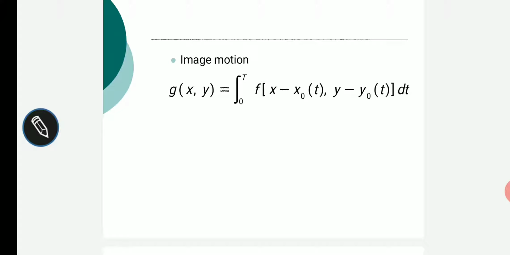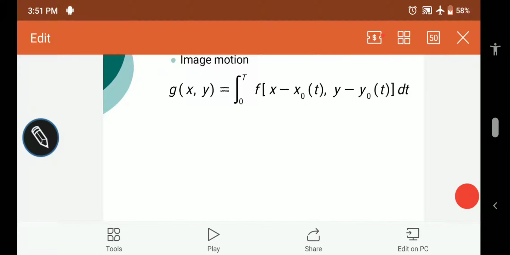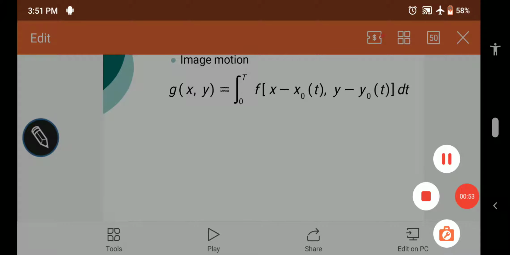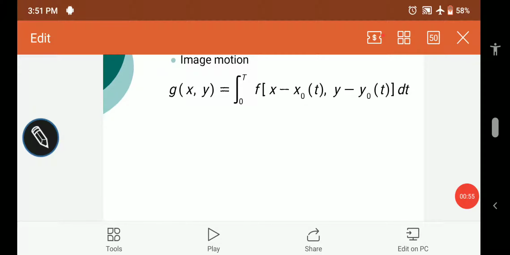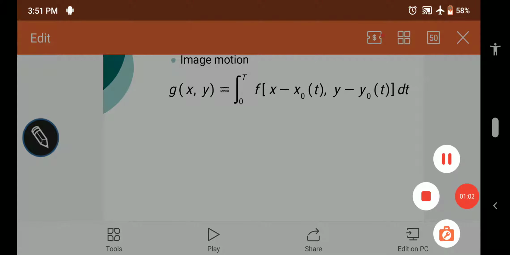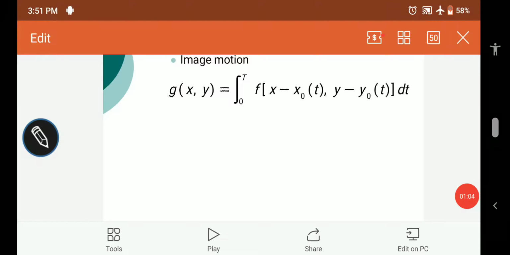Degradation modeling has been used for many years because of its effectiveness in image restoration problems. An approach in modeling is to derive the mathematical model starting from the basic principles.